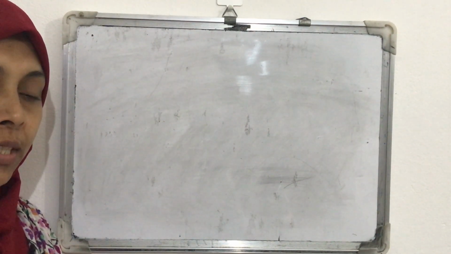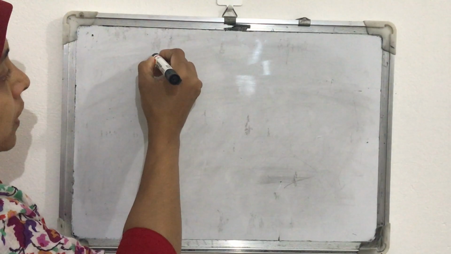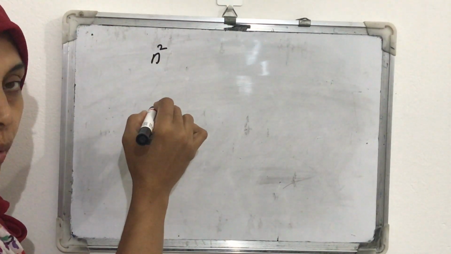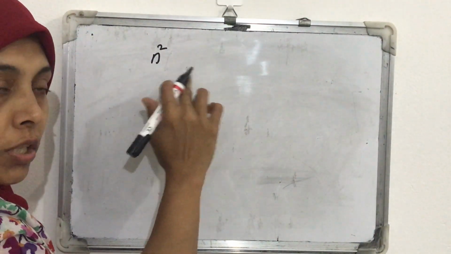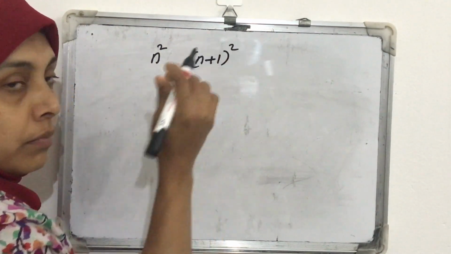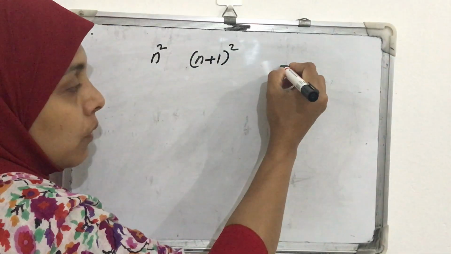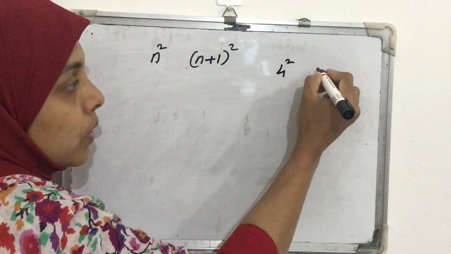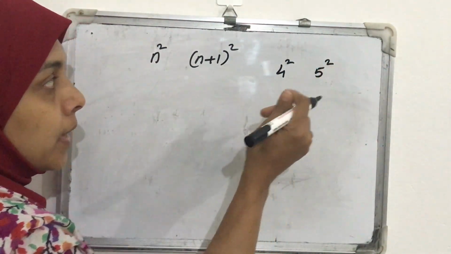Suppose one square number is n square and the next consecutive square number will be what? N plus 1 whole square. Just like if it is 4 square, next square number will be 5 square, like that.